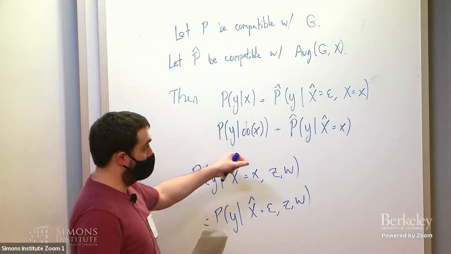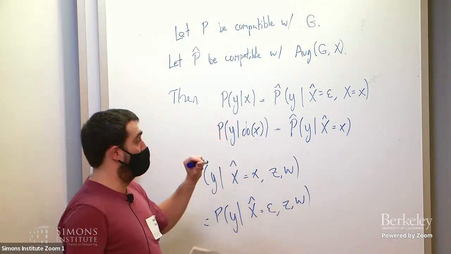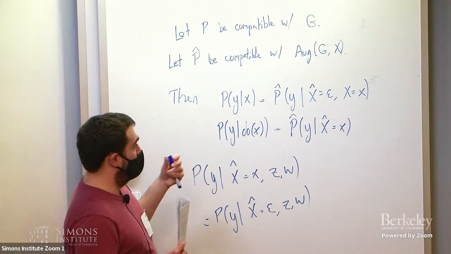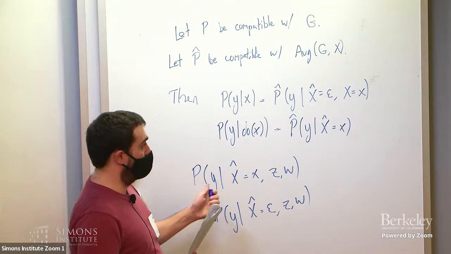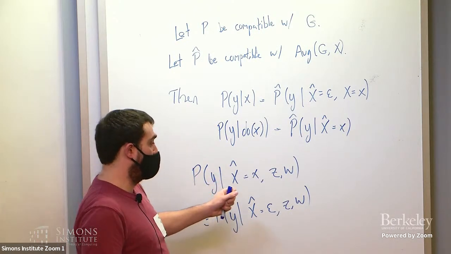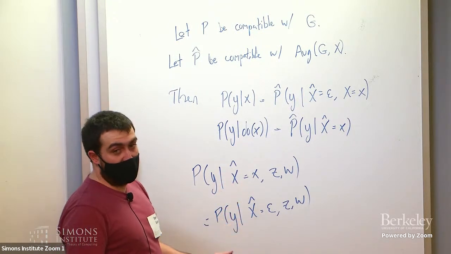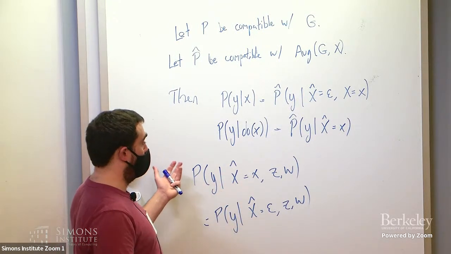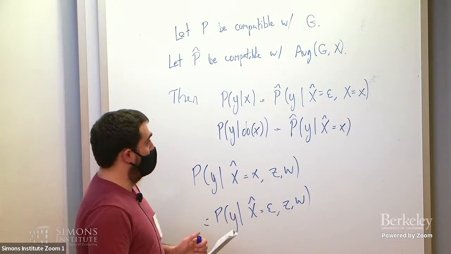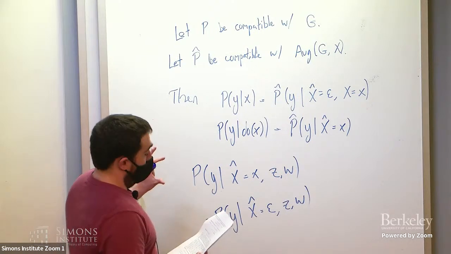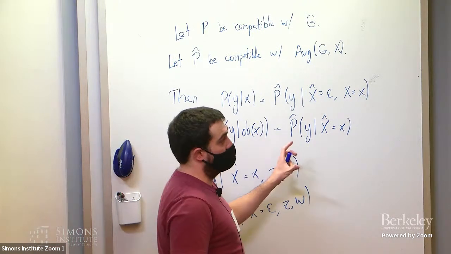We add this extra variable that we set to different values to decide whether we're intervening or not. And then if we can show that some expression is conditionally independent of an intervention variable, that's the same thing as saying the expression doesn't depend on whether or not we intervene. So that's the setup.